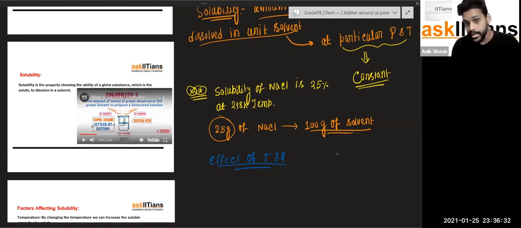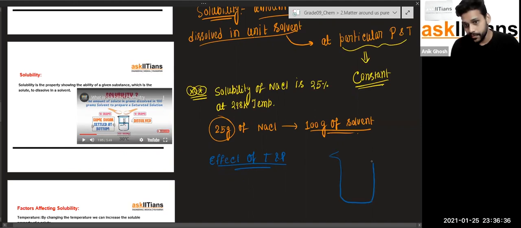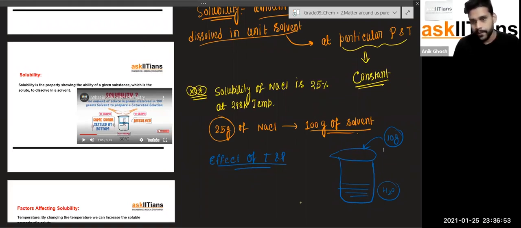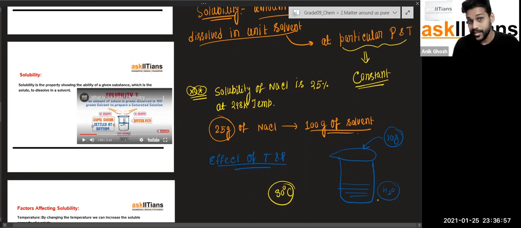So he has a beaker, at first there was water only. He dissolved 10 grams of sugar and it got completely dissolved and gave him a saturated solution, and he mentioned the temperature as well, at 30 degrees centigrade.